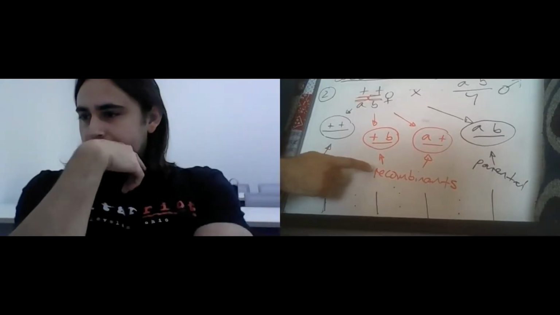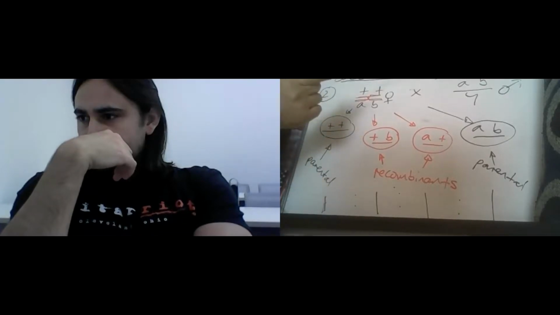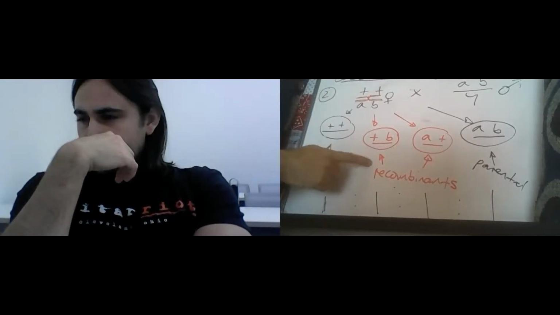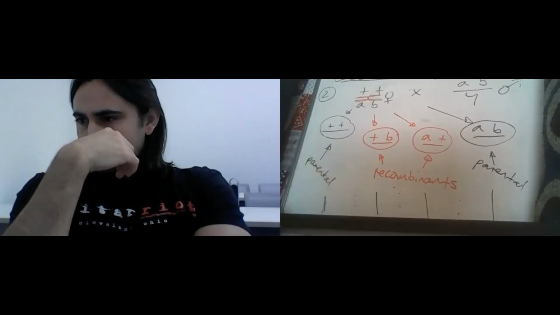And you'll be seeing how many recombinants do I get? Because if my 2 genes are linked, they're close together, I'm going to get fewer of these recombinants than I'm going to get of these parentals. That's the basis of this whole experiment.